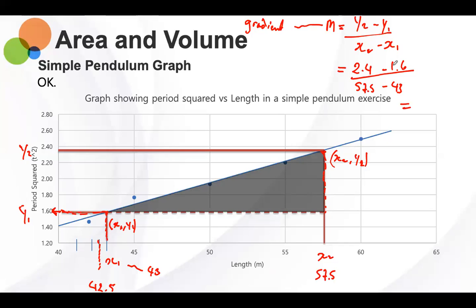So 0.8 at the top. And what do we have down here? 57.5 minus 43. What do we get?